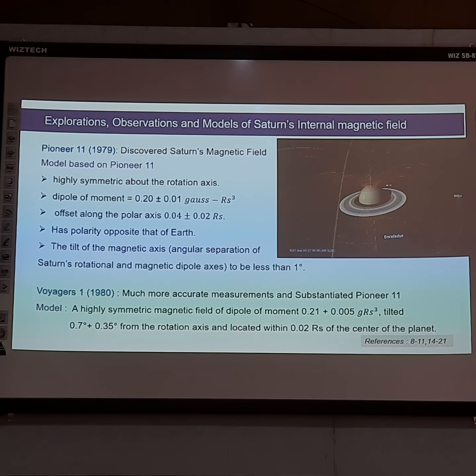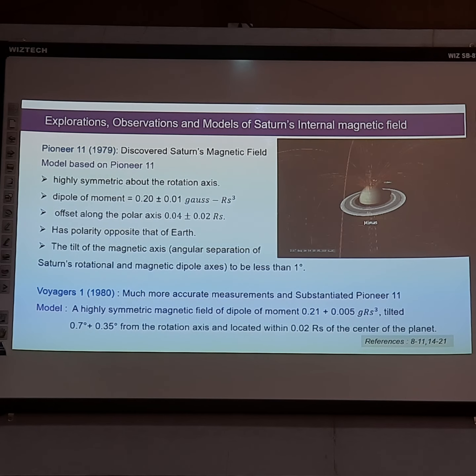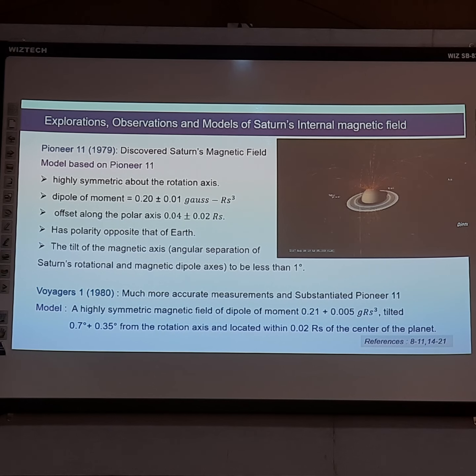these are the characteristics of this planet's magnetic field which are known today. It is highly symmetric about the rotation axis, symmetric in the sense of left and right in the coordinate system. Then it has a dipole moment, and it is offset.